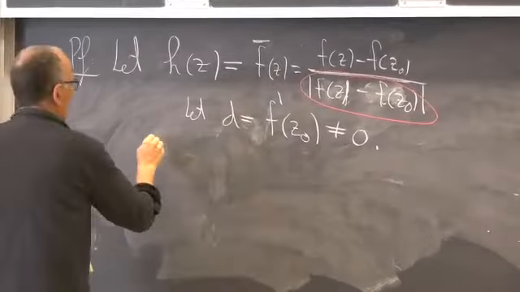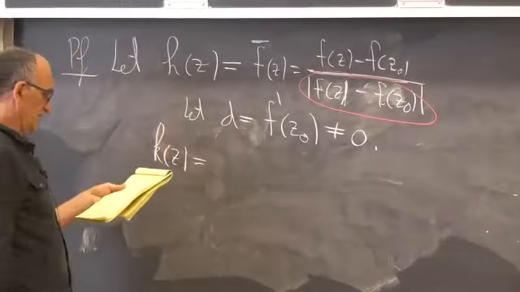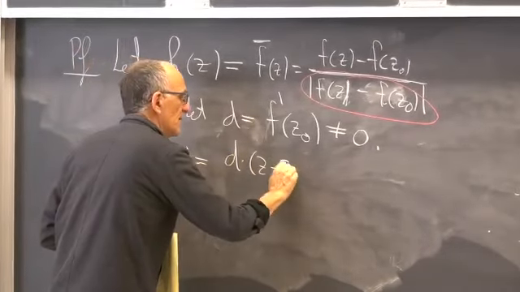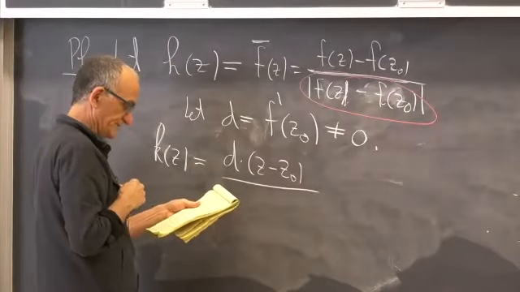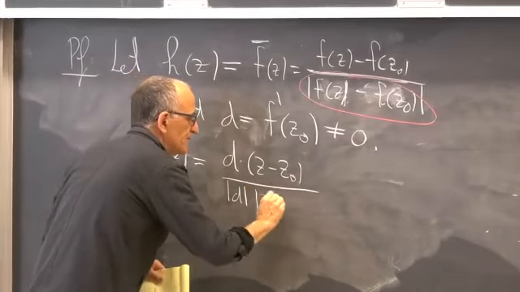All right, and now let's define k of z to be a very simple function, d times z minus z0 divided by the absolute value of d times z minus z0.